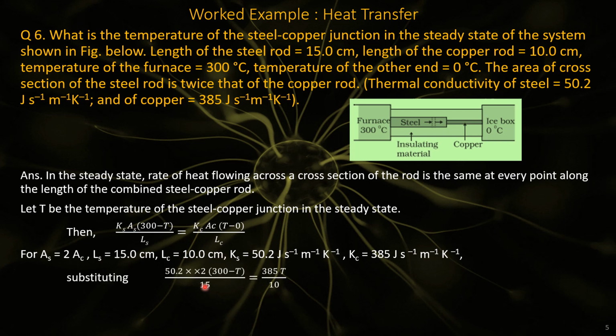So substituting the values for Ks and various parameters in this equation 1, we get T, which we have to determine, as the unknown. Simplifying, for T we get the value of T as 44.4 degrees Celsius.